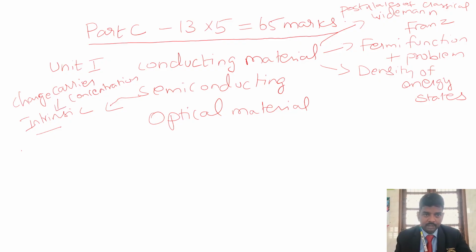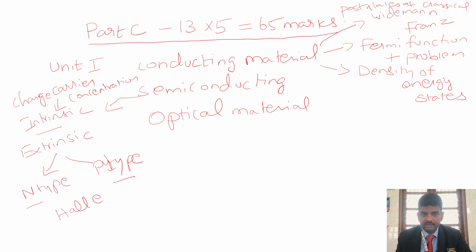Another topic is extrinsic, charge carrier concentration in extrinsic, where we have N type separately and P type separately. So we have a separate derivation for N type and P type. What else we have is the Hall effect. So these are the topics present in the semiconducting part.